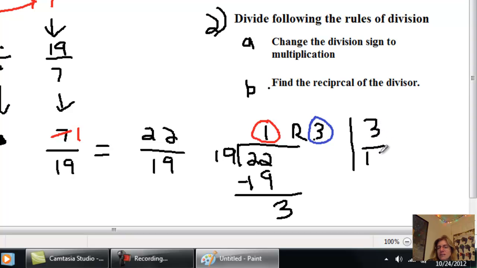So basically all that's saying is when you have 22 pieces that are little 19ths, you're going to be able to build back 19 of those into one whole, 19 over 19, plus 3 left over. So it's one whole piece plus 3 19ths left over. So that is the final answer.